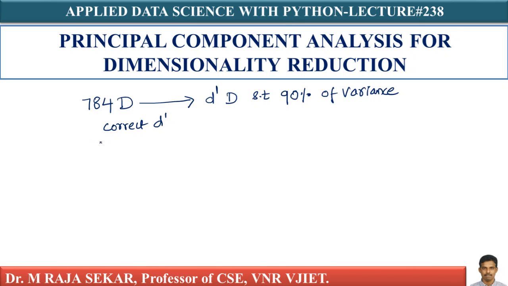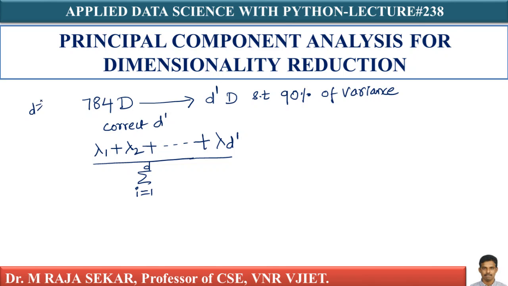We have a beautiful formula: lambda 1 plus lambda 2 plus so on up to lambda d dash, divided by the sum of lambda I for I equal to 1 to d. I already discussed this in my previous lectures. Here d means 784 total dimensions, and I want to reduce it to d dash.